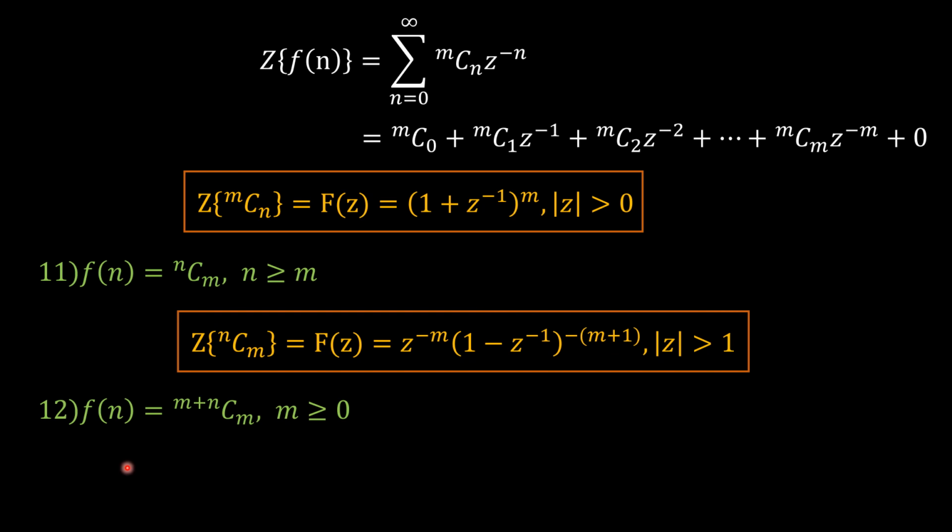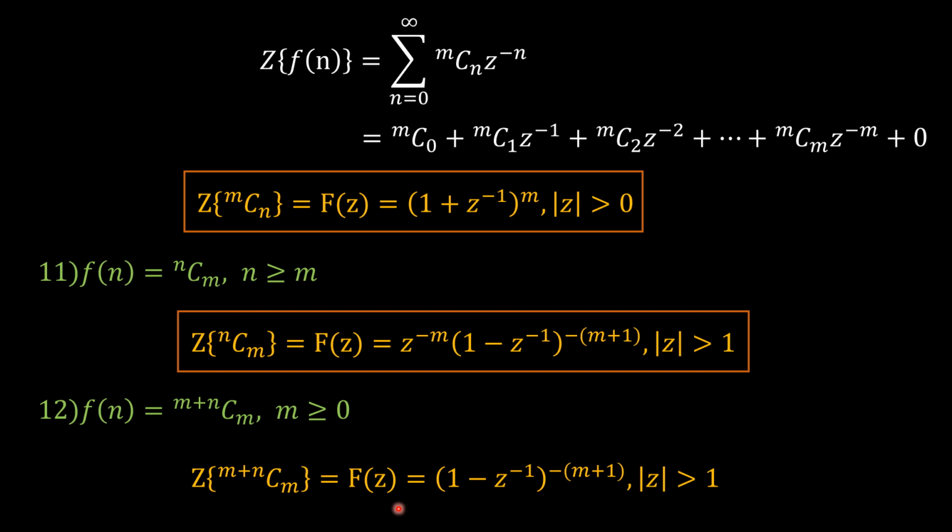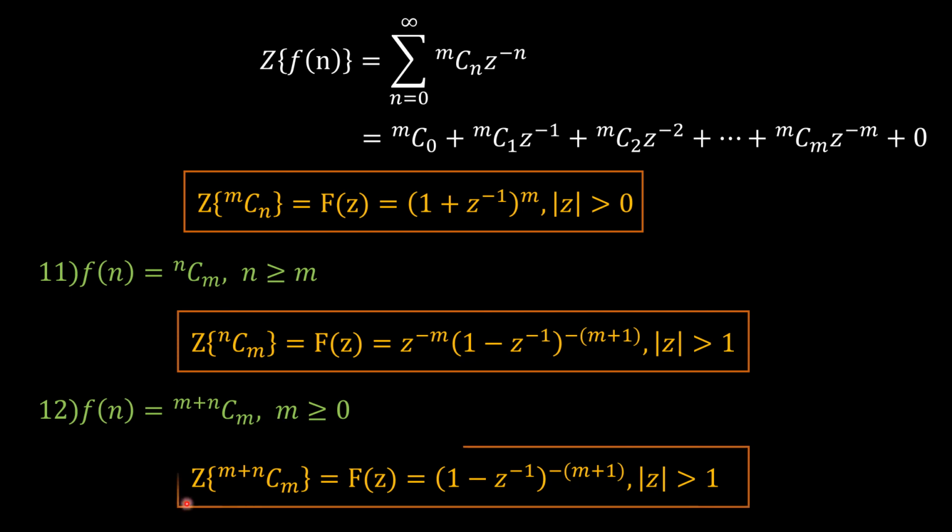Next one is the sequence whose general term is f of n is equal to (m plus n)Cm for m greater than or equal to 0, whose z transform is given by f of z equal to (1 minus z inverse) raised to minus (m plus 1) for mod z greater than 1, which is the region of convergence.